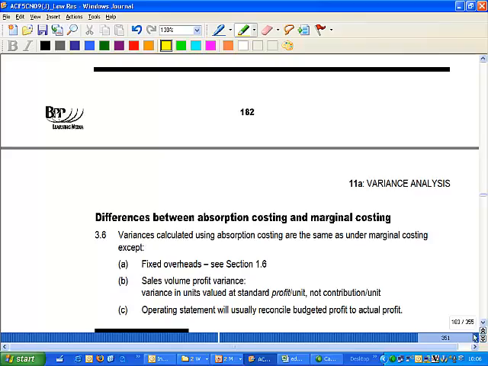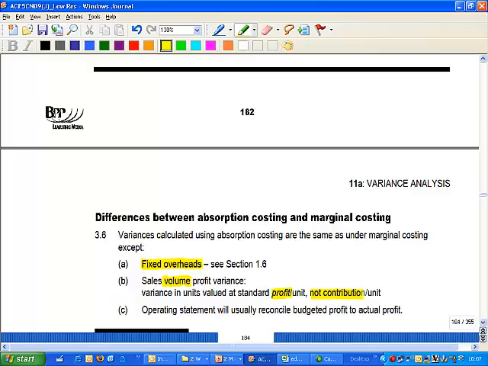Now, section 3.6 mentions some of the differences between absorption and marginal costing, as we've talked about. So the fixed overheads, we get additional variances. We get the volume variance, and that can be broken down into capacity and efficiency. The sales volume variance, we value at profit, not contribution.